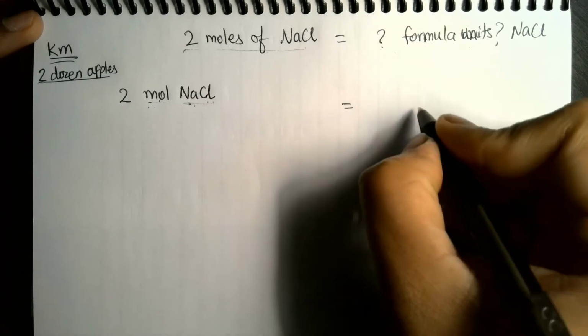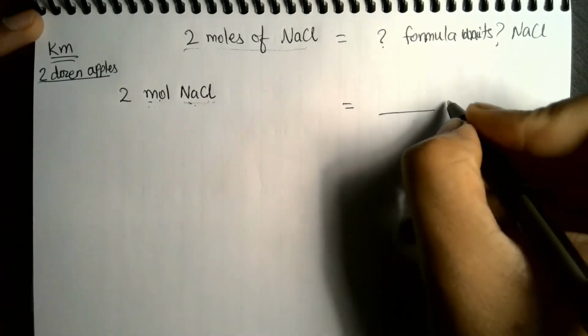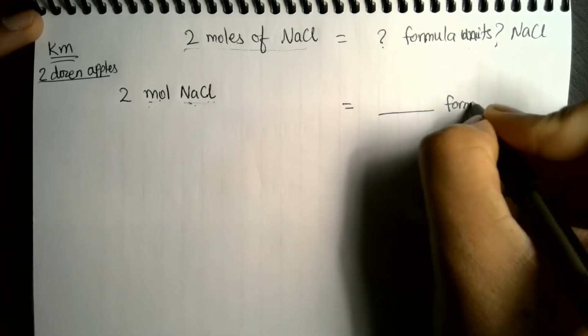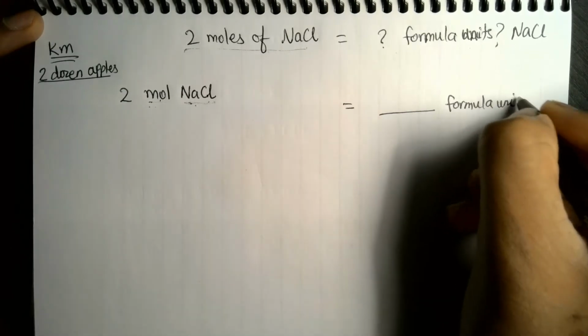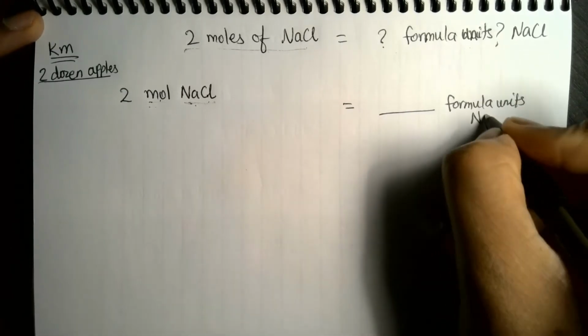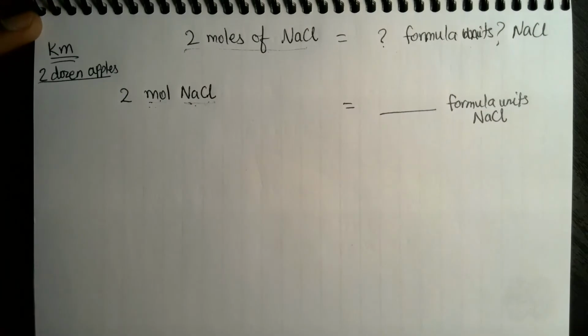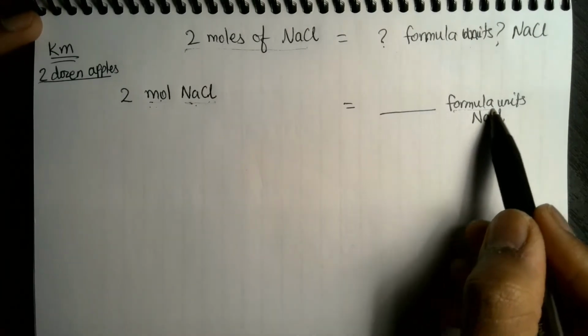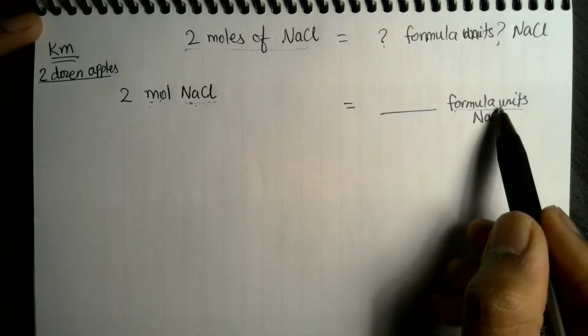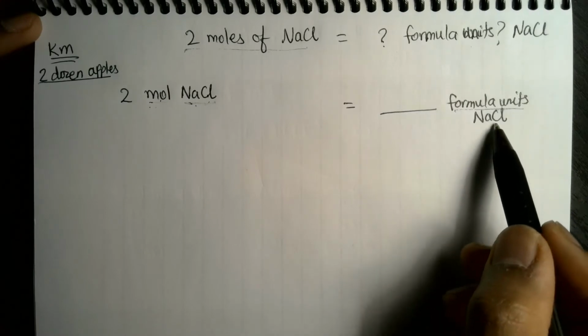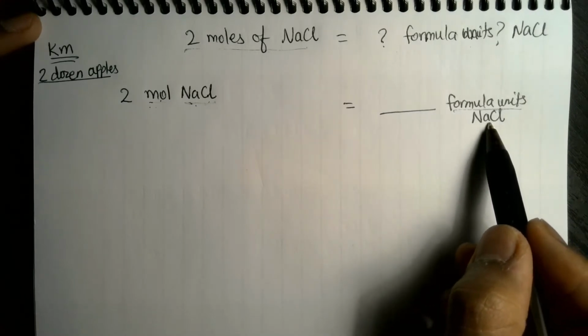Your final answer, you need to find formula units of NaCl. This is where you need to understand your idea of particles, that formula units is just referring to particles of NaCl, nothing else.